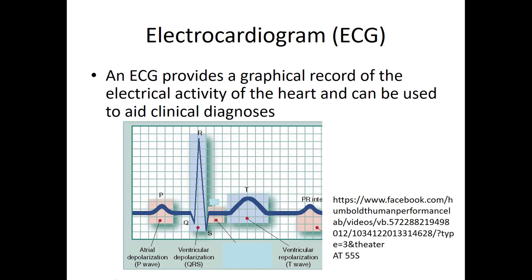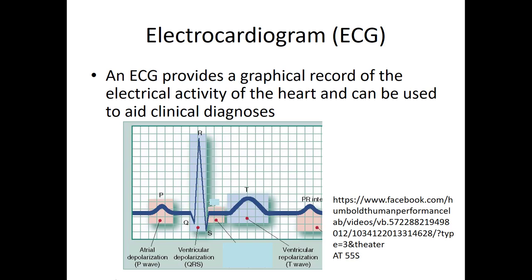Somewhere here we must see atrial repolarization, but after depolarization, the signal goes to the ventricle. So ventricular depolarization is here. Because we have ventricular depolarization, we couldn't really see atrial repolarization, because ventricular depolarization is a much stronger signal, right?